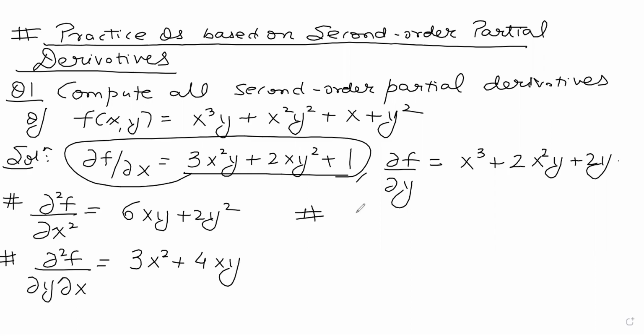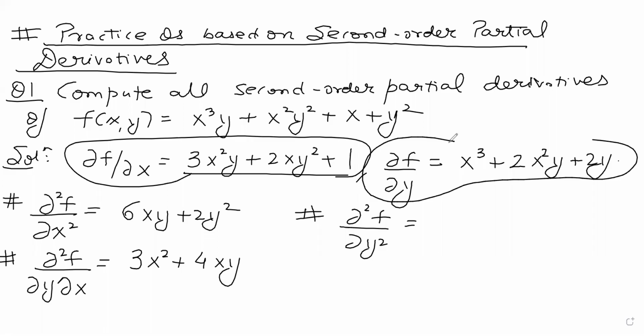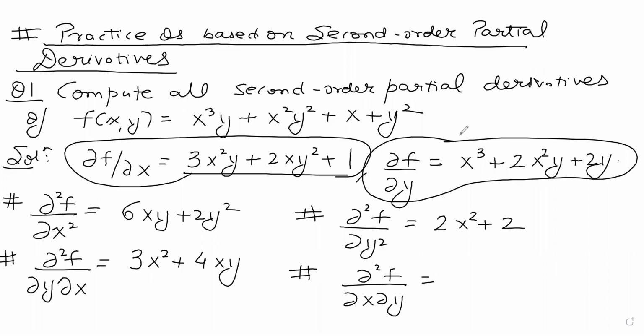Now let's find del square f by del y square. Differentiate del f by del y with respect to y further. What do we get? We get 2x square plus 2 and del square f by del x del y would be the partial derivative of del f by del y with respect to x. Comes out as 3x square plus 4xy.